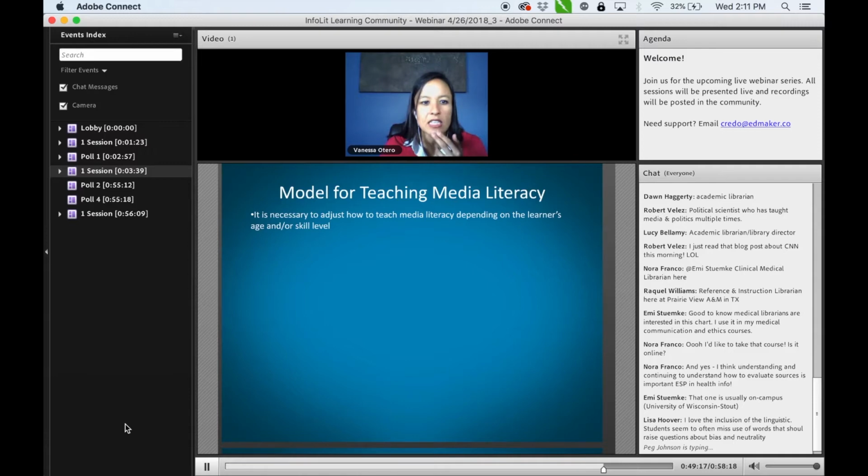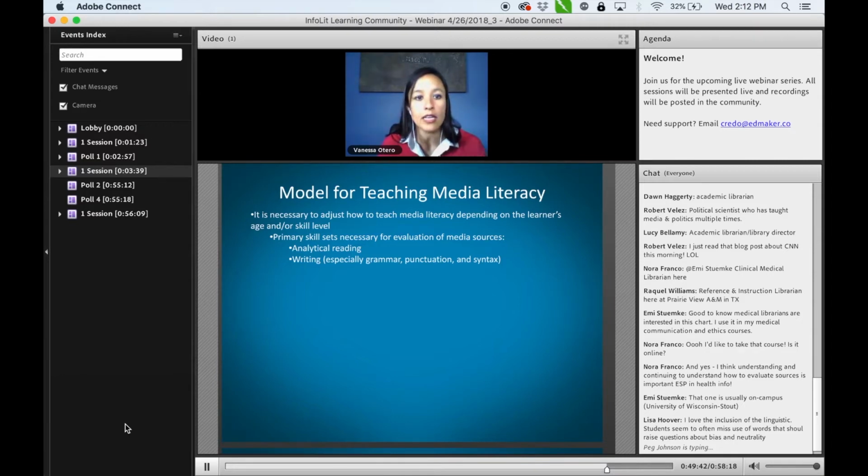As a model for teaching media literacy, we can do this for beginners, intermediate, and advanced, but it's necessary to adjust this because the primary skill sets necessary for evaluation of media sources are analytical reading and writing. If you have somebody who's very young who doesn't have those skills developed, or somebody who's older who doesn't have those skills developed, it's hard for them to tell when other reading and writing is not high quality.